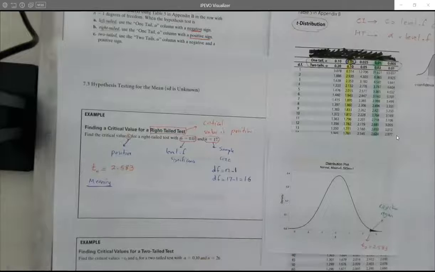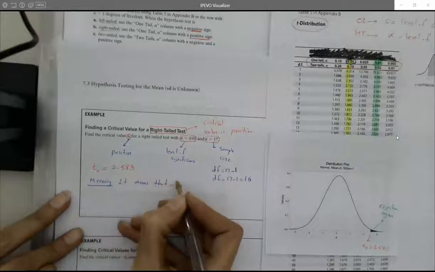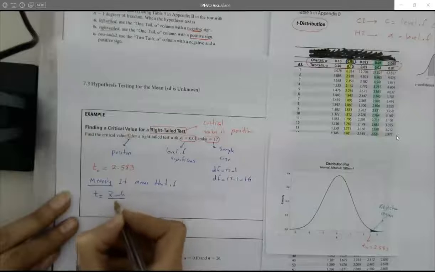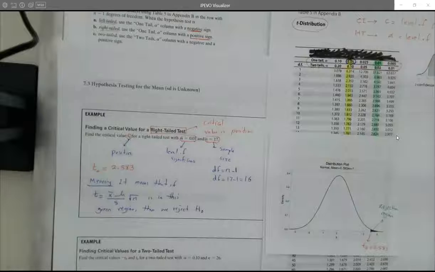So it means that if t, standardized test statistic, x bar minus mean divided by s times square root of n, is in this green region, then we reject the null hypothesis. If not, we fail to reject the null hypothesis.